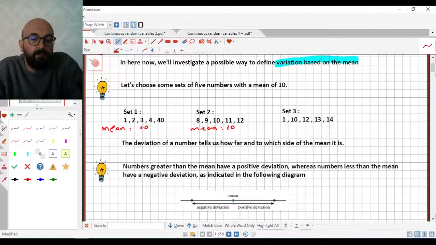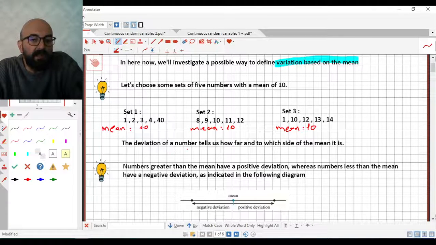And for the third one, 1 plus 10, 11, 11 plus 12, 23, 23 plus 13, 36, 36 plus 14, 50. 50 over 5, the mean is 10, and all sets have mean 10.